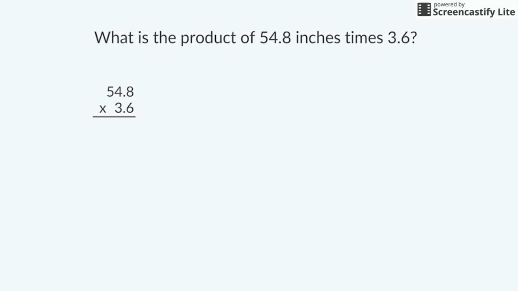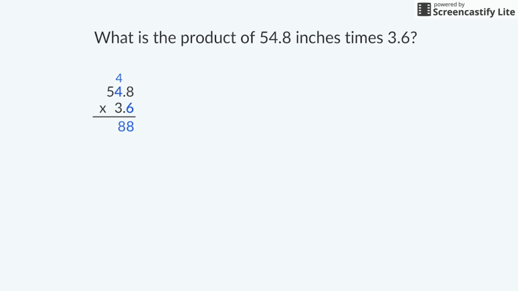For now, I can ignore the decimal points and just multiply 6 times 548. 6 times 8 equals 48. I write the 8 in the product and regroup the 4 to the next place. Then, 6 times 4 equals 24. 24 plus the 4 I regrouped equals 28.